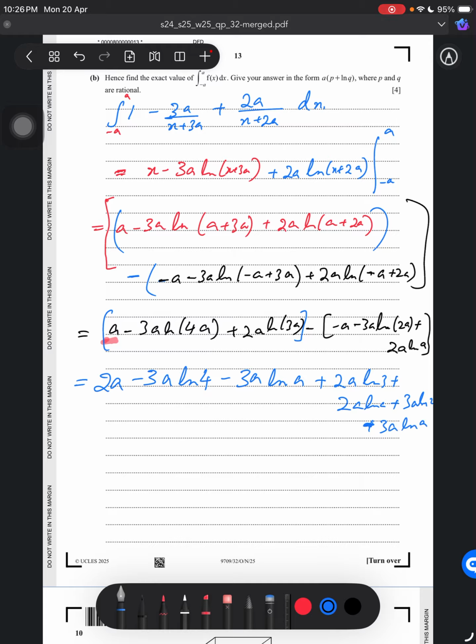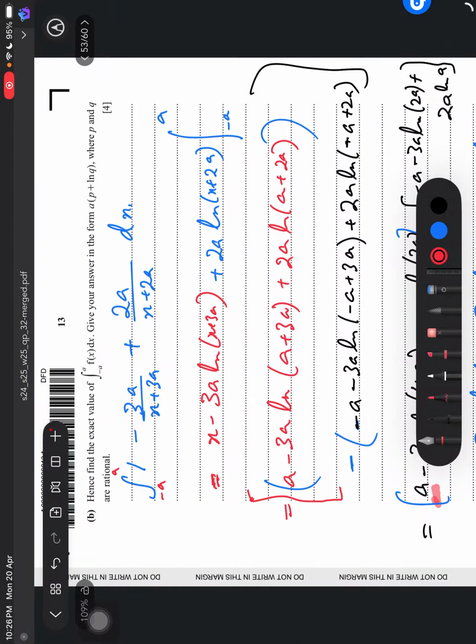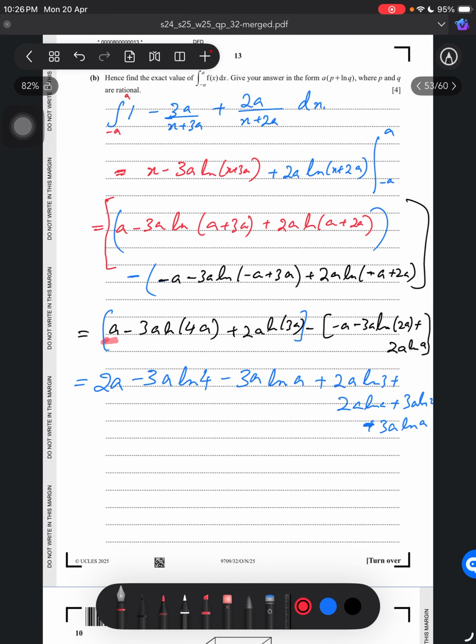So you would have a cancelling process. This negative and negative would cancel out.